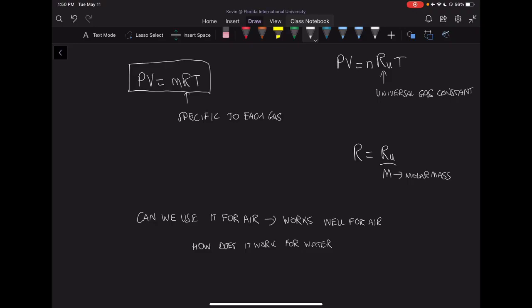Water can be a fluid and water can be a solid. Can you use the ideal gas law to model a solid or a liquid? No. Really, it's going to be very rare that you use it with water, but you could only use it when it's a vapor. If water is a vapor, you could use the ideal gas equation.